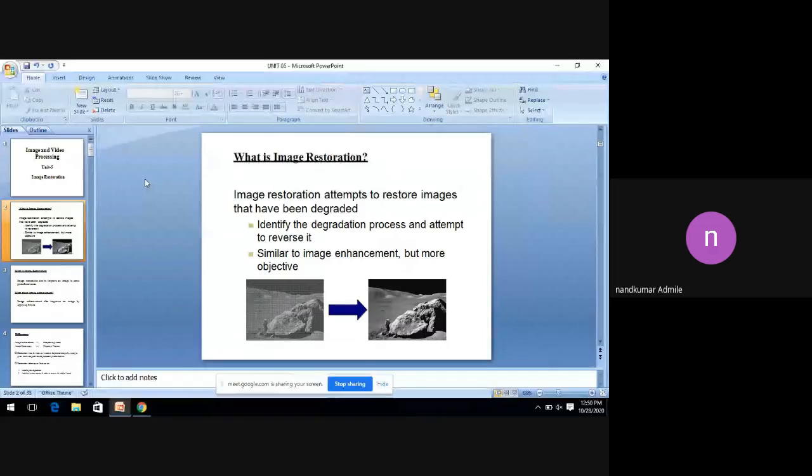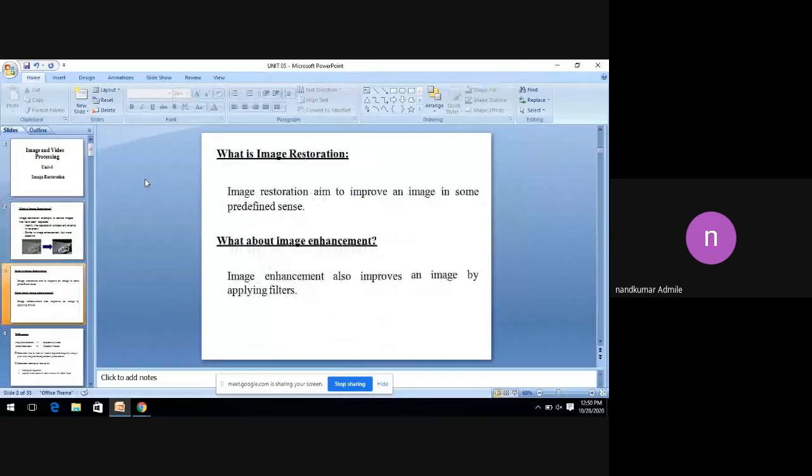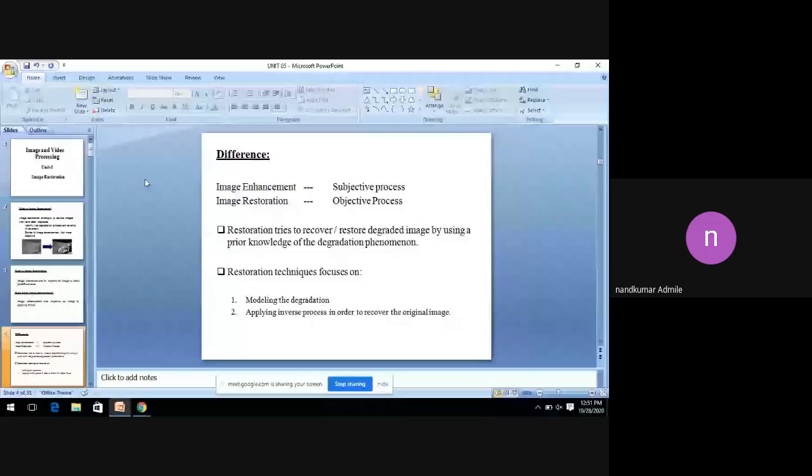Basically, in image restoration we remove the noise which was added to the input image. Again we'll take one simple image, and with the help of this image we understand the concept of restoration.